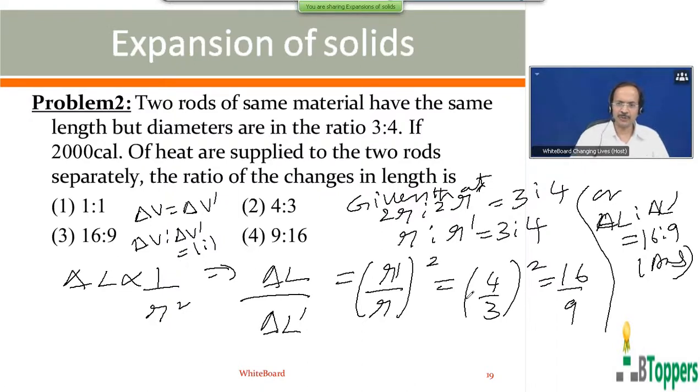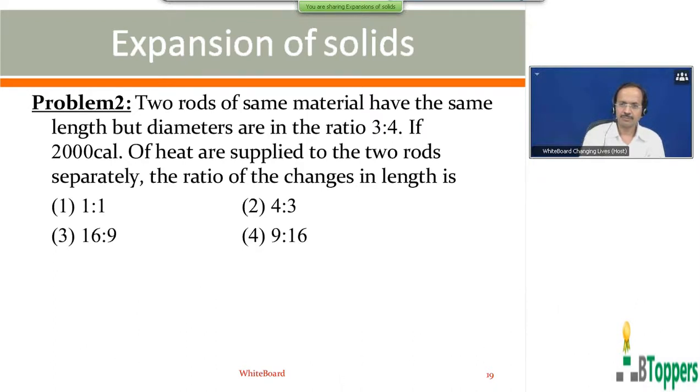That is, you have to equate delta Q for the two cases. First, you can find the ratio of the increase in temperature of first rod to the increase in temperature of second rod. In case you don't remember the conclusion, you can proceed this way. Equate delta Q for first rod with delta Q for second rod, which is equal to 2000 calories.